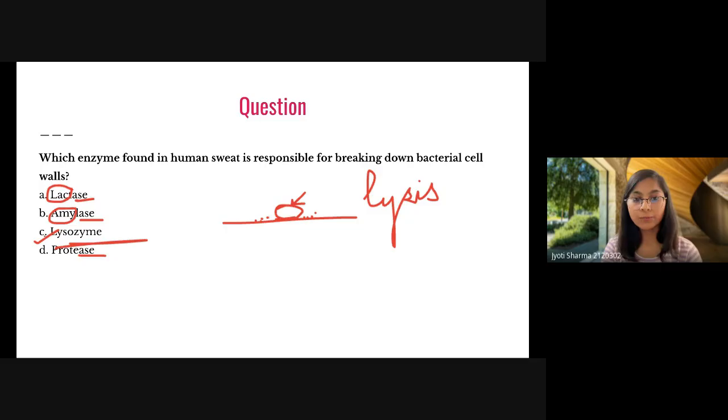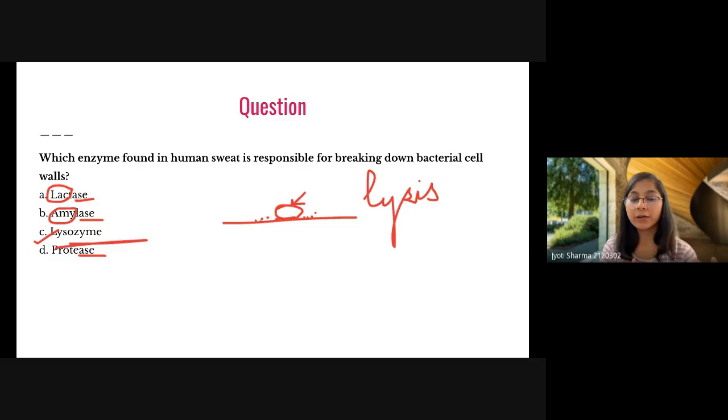So this lyso originated from lysis. Lysis means breaking down, and this breaking down is of the bacterial cell wall. If the bacterial cell wall is broken down, the bacterial cell is not going to infect the human body or the human skin.